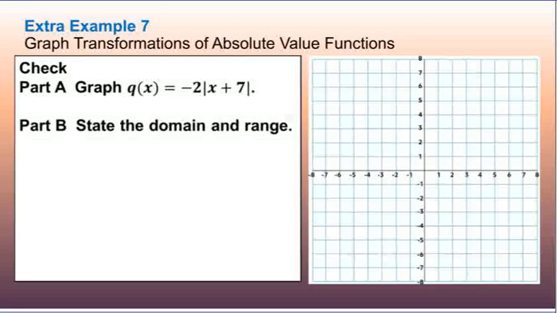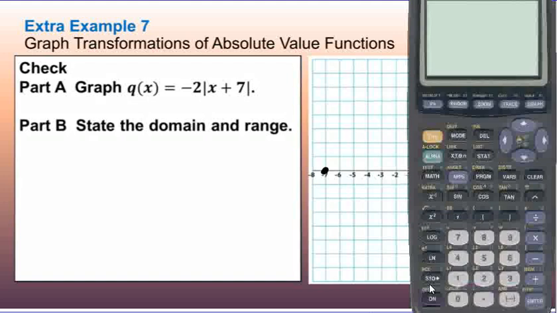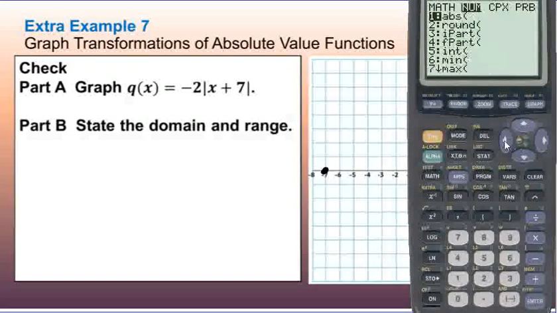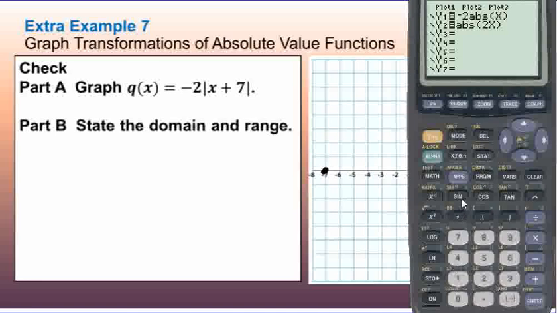And our last question here says graph this one and then state the domain and range. So again, our vertex is at negative 7, 0. Now here I'm going to actually show you again how you could do it on your calculator. If I go to y equals, I would have negative 2, hit the math button, go to numbers, number 1, and I would have x plus 7, end parentheses, and I'm going to get rid of this other one down here.